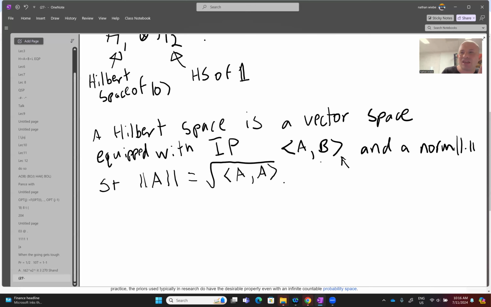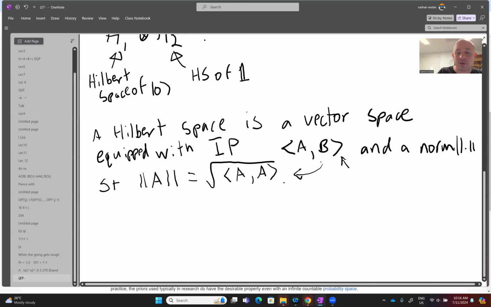So the idea now is that we've got this definition of a Hilbert space. So we need to first figure out, well, what's the definition of the inner product? Because the norm can then be thought of as being induced by the inner product. So the inner product, and this is known as the Hilbert-Schmidt inner product.